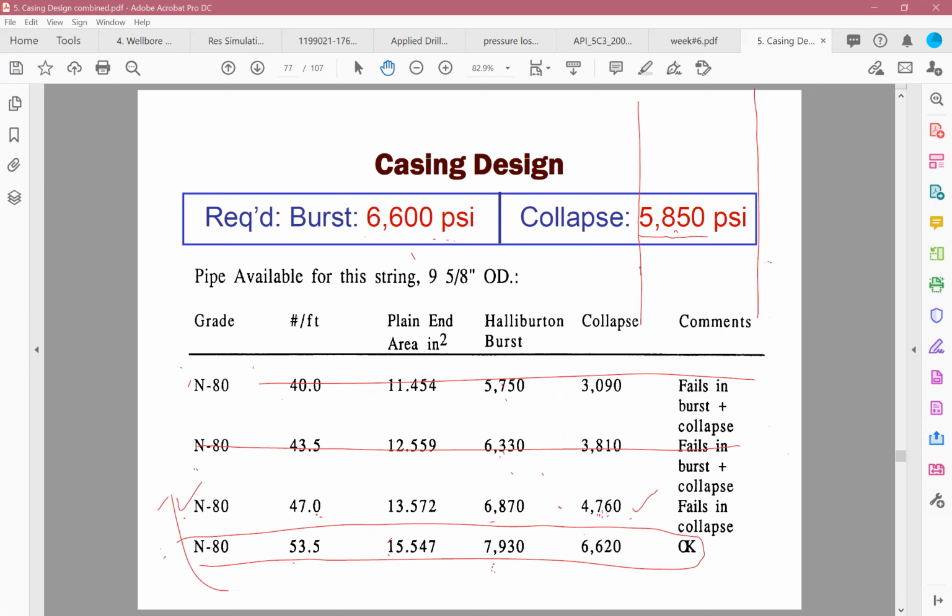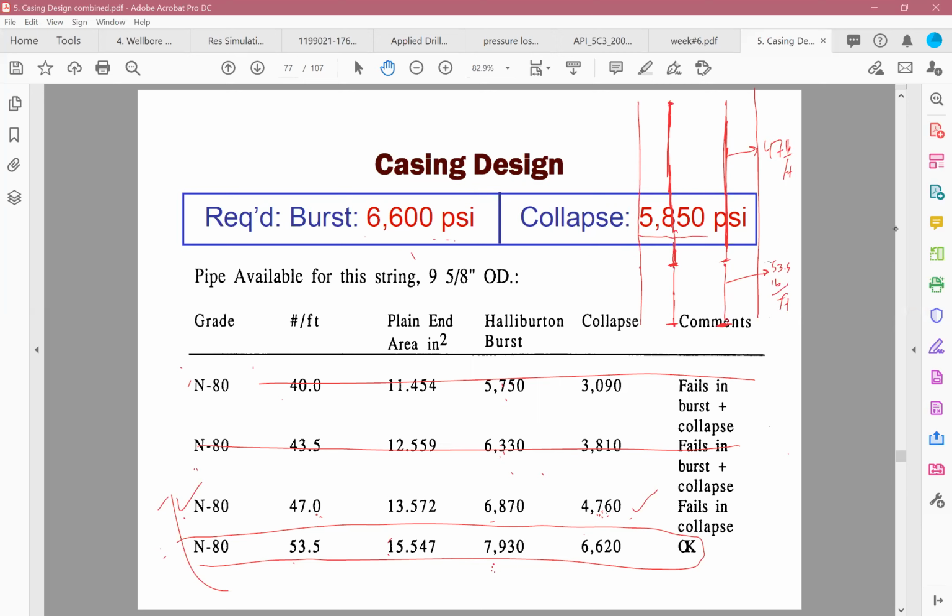So this is my wellbore, right? I will have a casing here up to some depth that is 47 pound per foot. And then from here all the way to the bottom, which is 8,000 feet, I think, this will be 53.5 pound per foot, right?